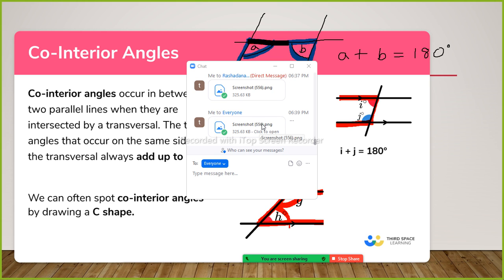You have to click on the screenshot though. It isn't going to just show up as a picture. Alright. Are we good, Mr. Terrell? I'm doing it right now. Okay.